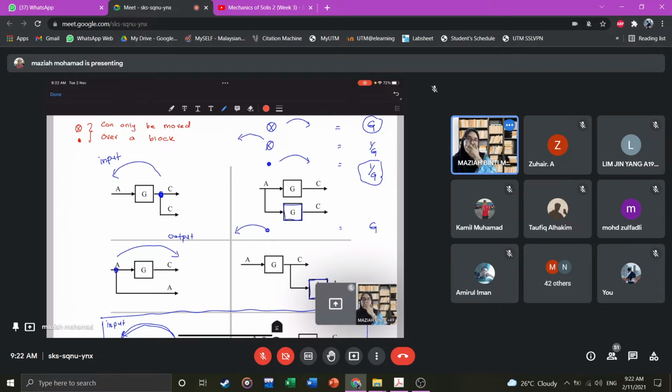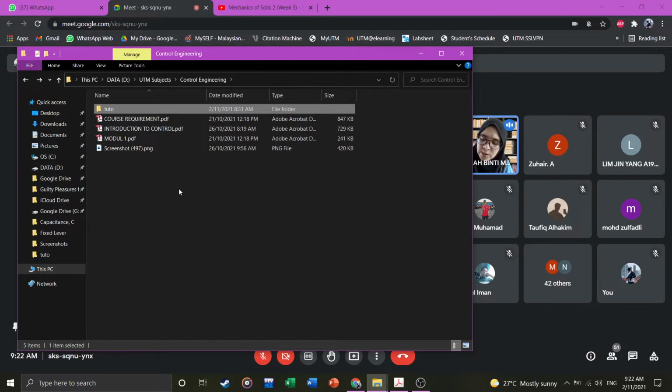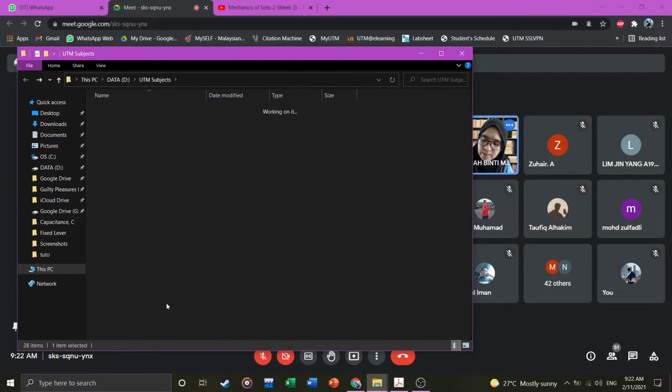So for example, if we have a block, then we have a summation point. We have a block. Let's say this one is G1, this is G2, right?